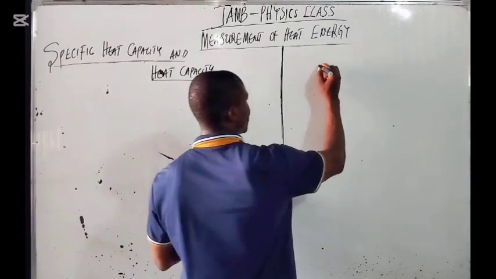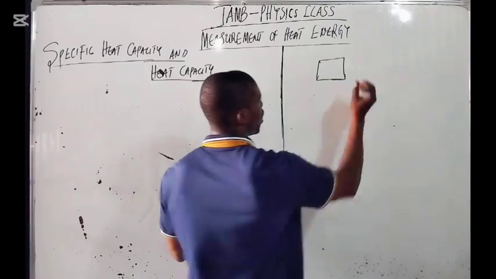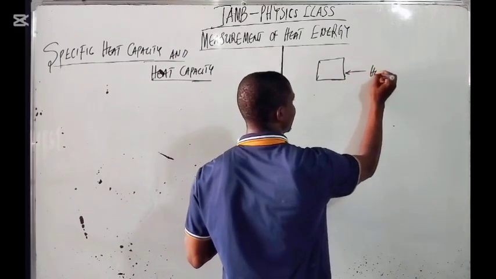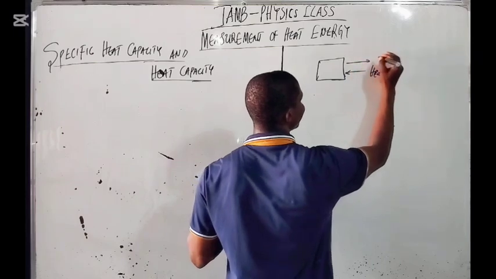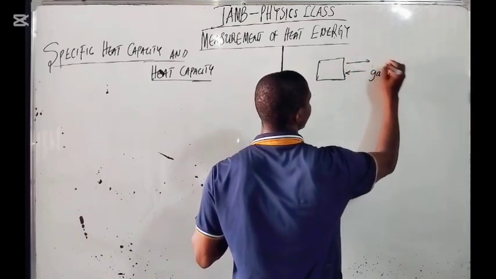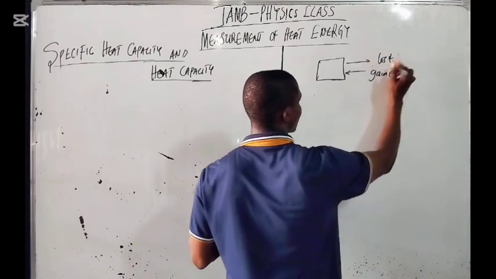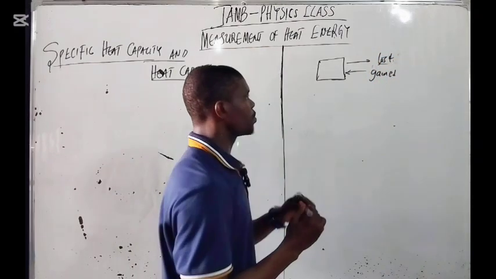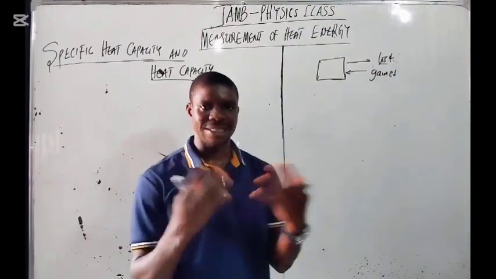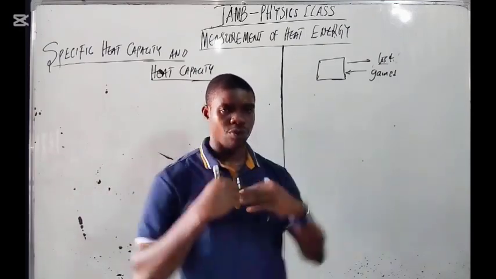Imagine you have an object. When an object gains heat, or heat is released, or lost, there's a change in temperature, and that change in temperature depends on the mass of the object.